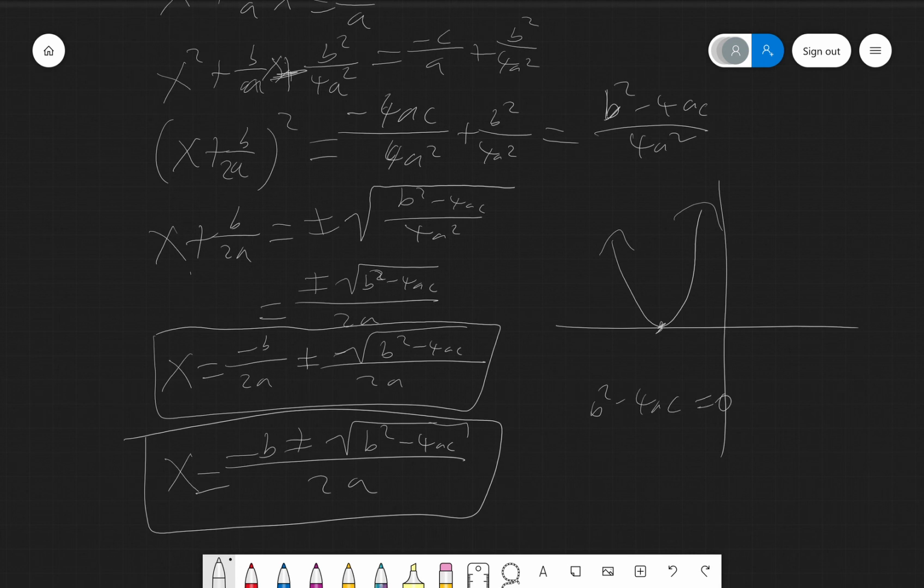And you might be asking why that's the case. Well, if b squared minus 4ac equals 0, this all becomes 0, and the only answer is negative b over 2a. I don't want to cross out that beauty. It's so beautiful.